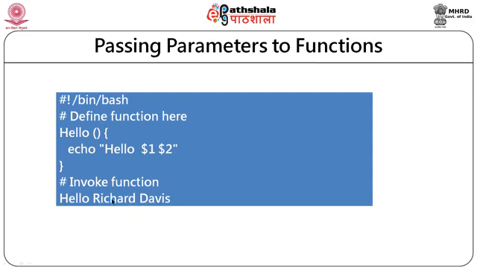So, Richard will become my $1 which is over here, and Davis will be stored in $2. When I am invoking this function, it will echo the contents of $1 and $2. So, the output will be hello Richard Davis. So, this is how arguments can be passed to the functions.